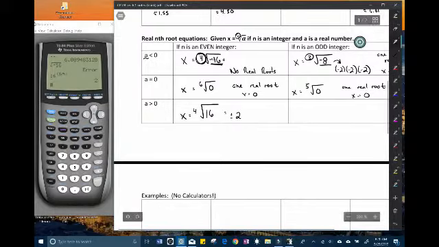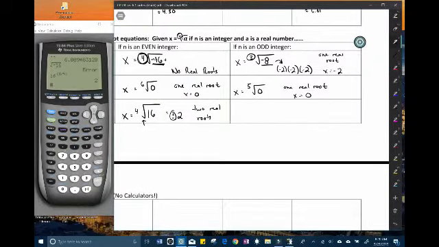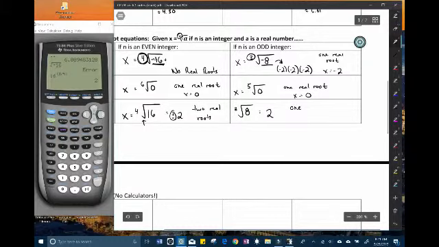There are 2 real roots. So square roots of evens, you always have to think plus or minus. On the other hand, if you have the cubic root of, we'll say 8, and it's positive, in this case it's just going to be 2 and 1 real root.